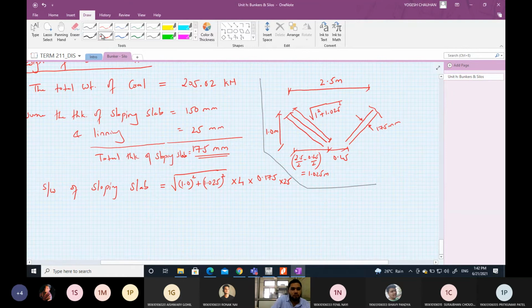So this will give you the self weight of the sloping slab: square root of 1 square plus 1.025 square, multiply by 4, multiply by 0.175, multiply by 25.